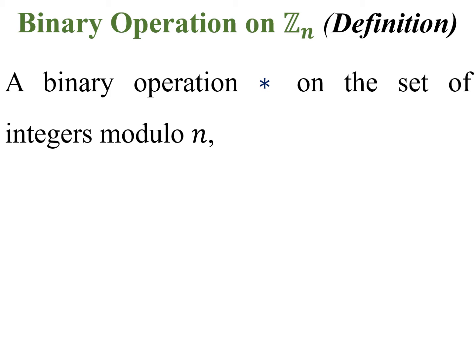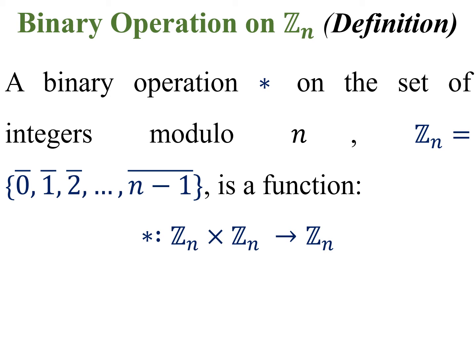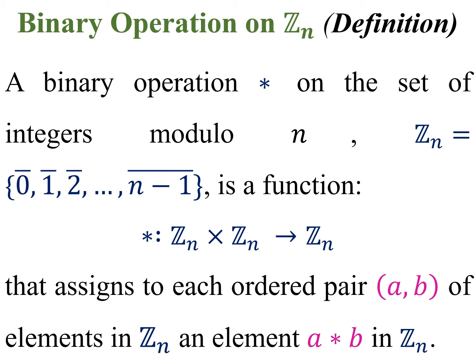And the binary operation star on this Zn, what is it? It is a function from Zn cross Zn to Zn that assigns to each ordered pair (a, b) of elements in Zn an element a star b in Zn.